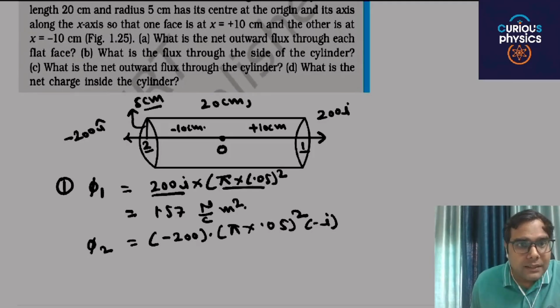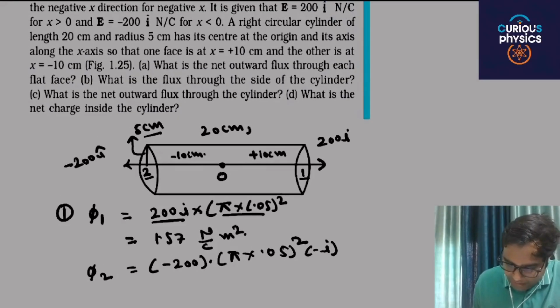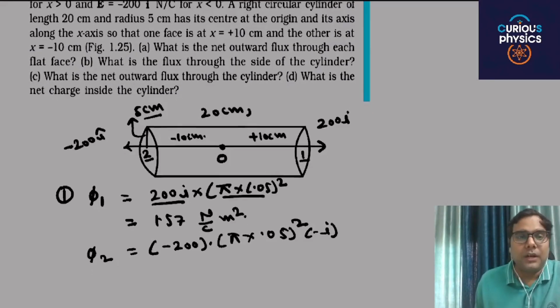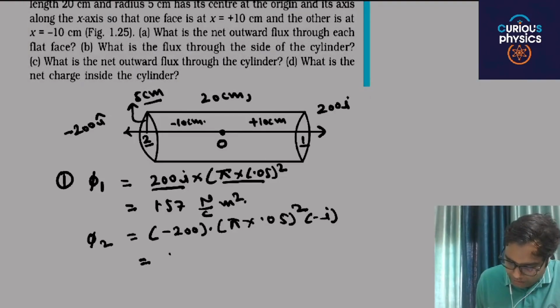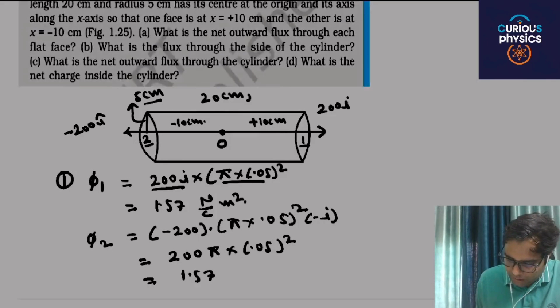Here i is negative, and negative times negative will become positive. So you can write 200 again into pi into 0.05 whole square, and its value again comes out to be 1.57 Newton per Coulomb meter square.